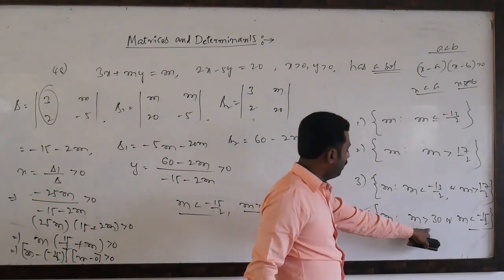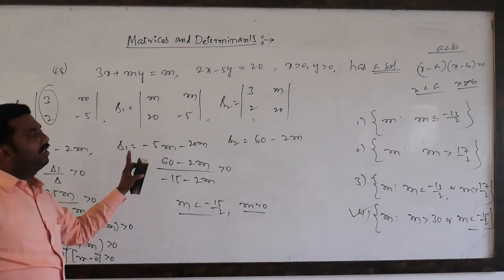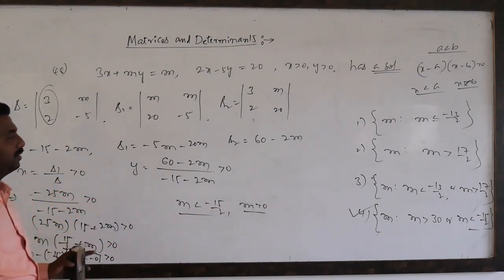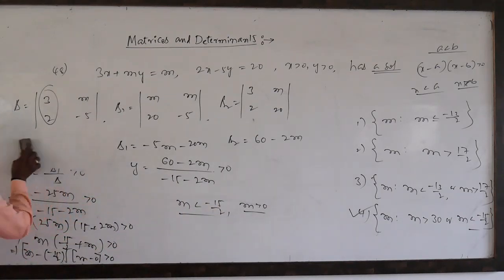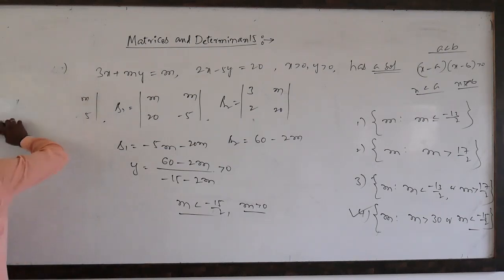So clearly the fourth option is the answer. No need to simplify completely. Once the option is identified, we stop the question. So this is the way of answering this type of question. Next.